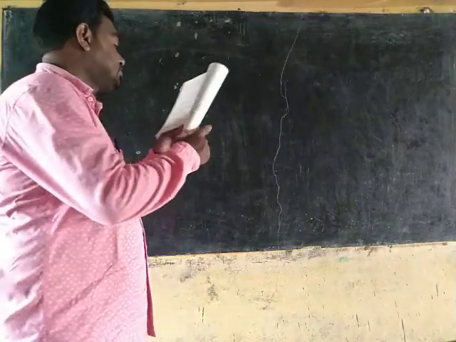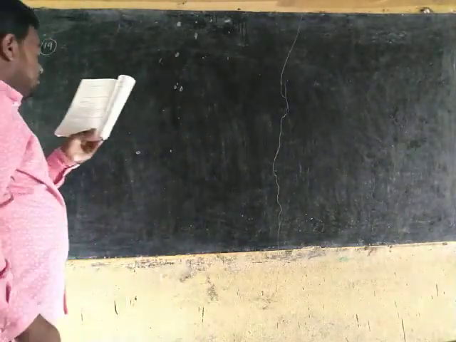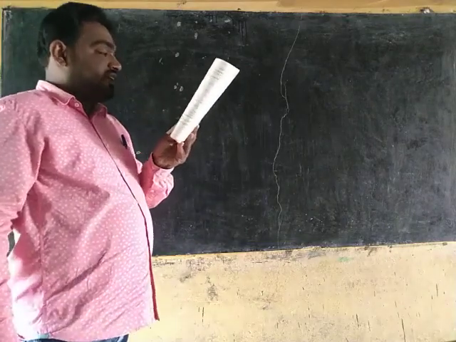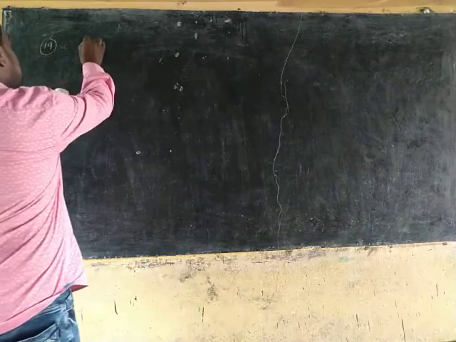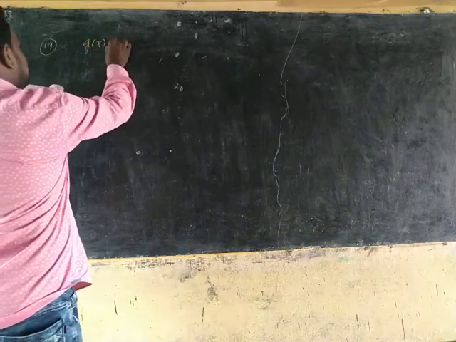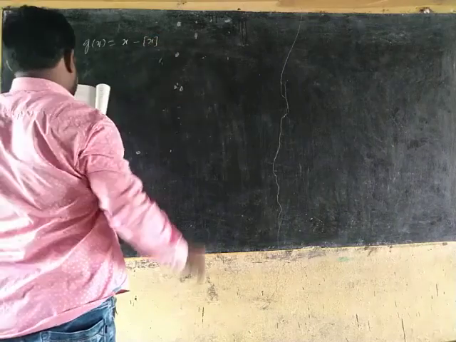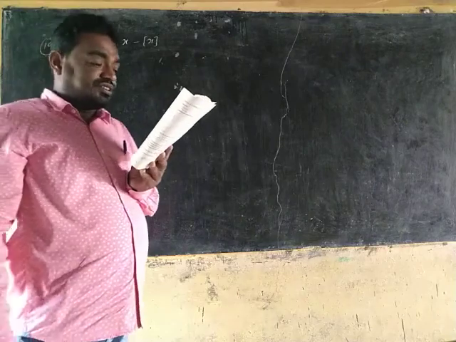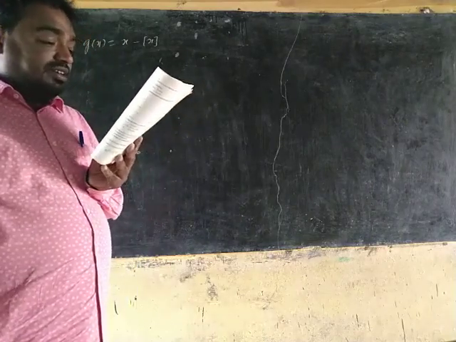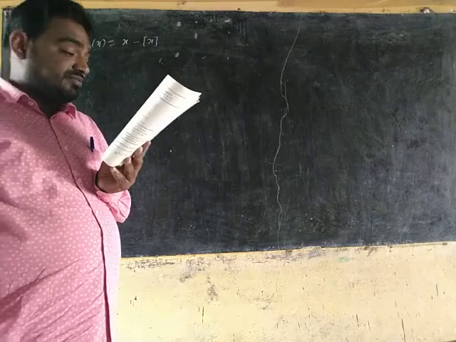Next, the 19th question. In the 19th question we see: show that the function defined by g of x equals x minus [x] is discontinuous at all integral points.